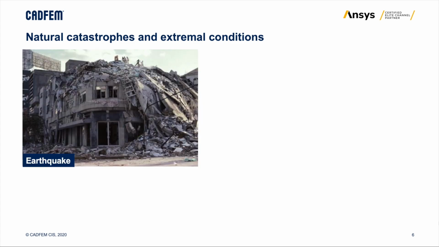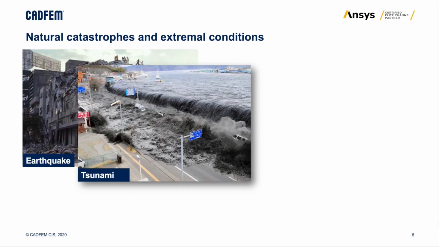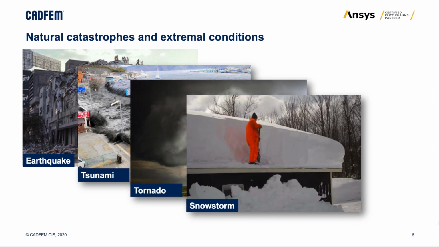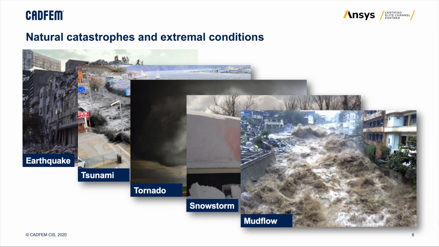That could be earthquakes, tsunami waves, tornado, snowstorm, and even mud flow. When you are planning to develop an NPP, some of these conditions, or maybe a mixture of these conditions acting simultaneously, should be taken into account.